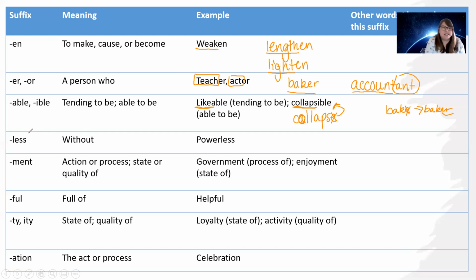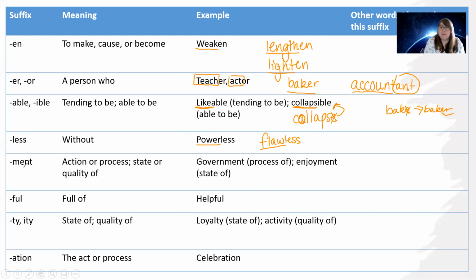Our next suffix is less. Now, less means without. So we might be able to use a word like powerless, which means without power. What other words could we use that have less inside of them? Maybe something like flawless, meaning that you are without flaws.